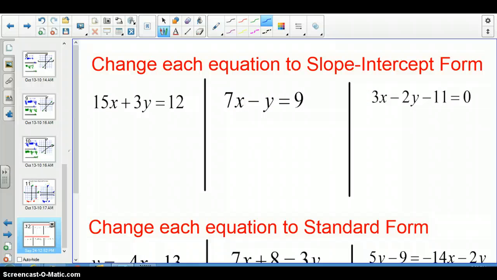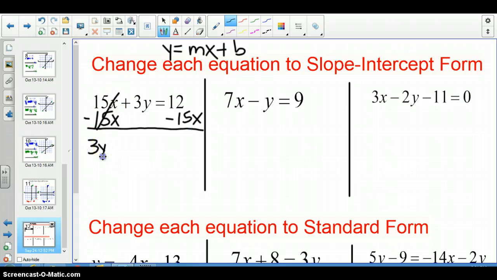Now, what a nice thing about being able to graph different ways is that if you understand one way better than the other, then we can always change them over. So for example, these top ones, we can change these equations over to slope-intercept form. So slope-intercept form, remember, is y equals mx plus b. So for this first one, I need to get y all by itself, so I'm going to subtract 15x from both sides.